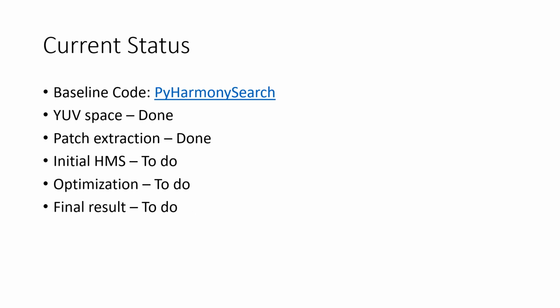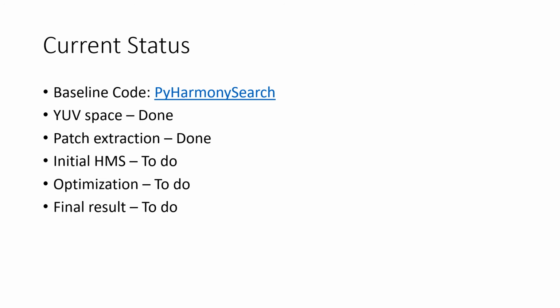So the current status is, for the baseline Python code, I'm taking inspiration from PyHarmonySearch from GitHub. It has some interfaces and it's written in Python. It's a bit slow, but I think it's a very good starting point. The YUV space conversion is already done.